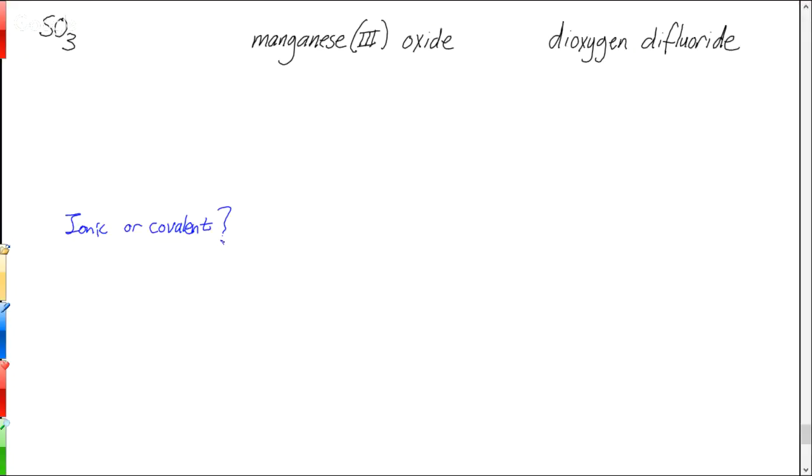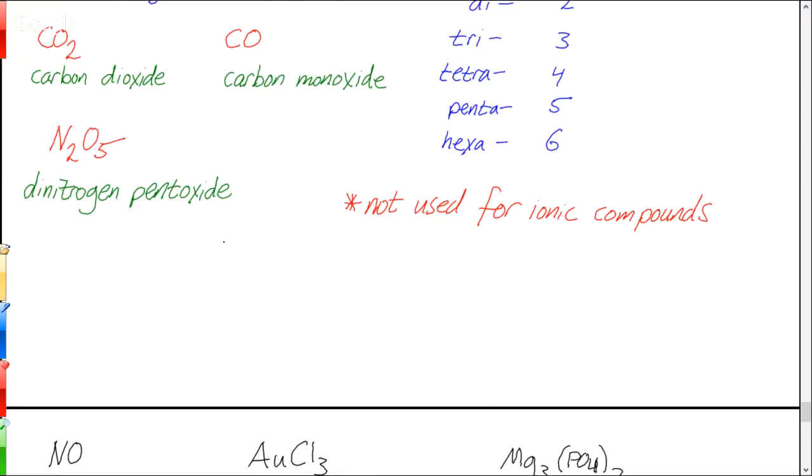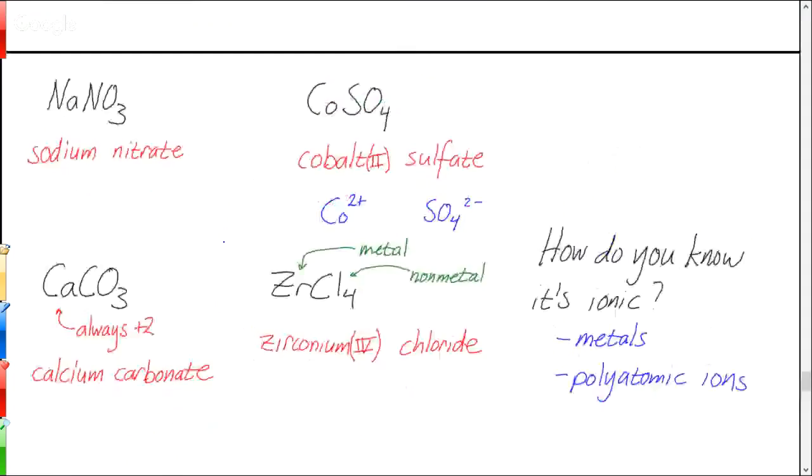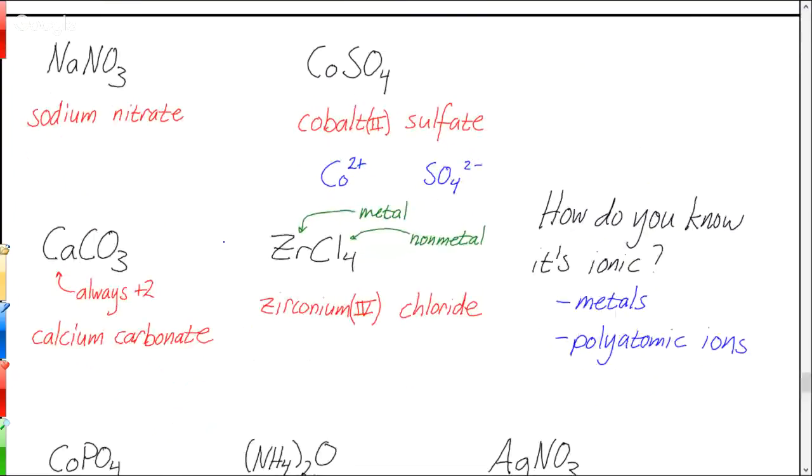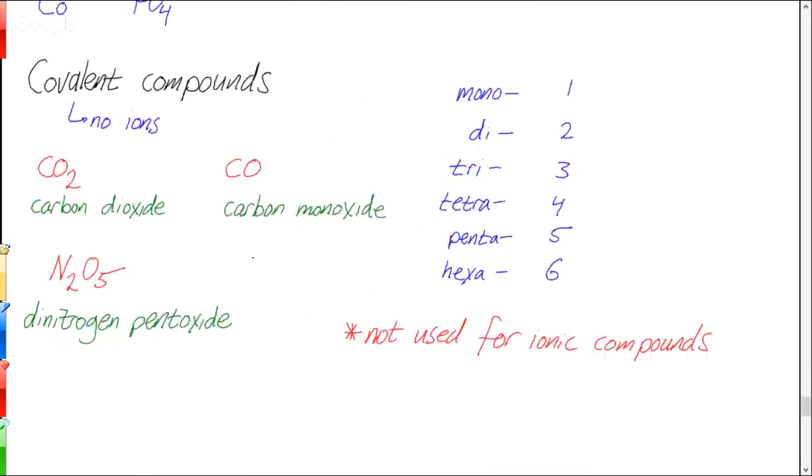So you ask yourself, is the compound ionic or is it covalent? Because depending on the answer, you're going to use different naming rules. If the compound is ionic, meaning it's made of positive and negative ions, cations and anions, then you're going to name it the way we talked about first, where you decide if it has a parentheses or whatever. If it's covalent, then you name it the way we talked about second, where you say how many of each there are using those prefixes.